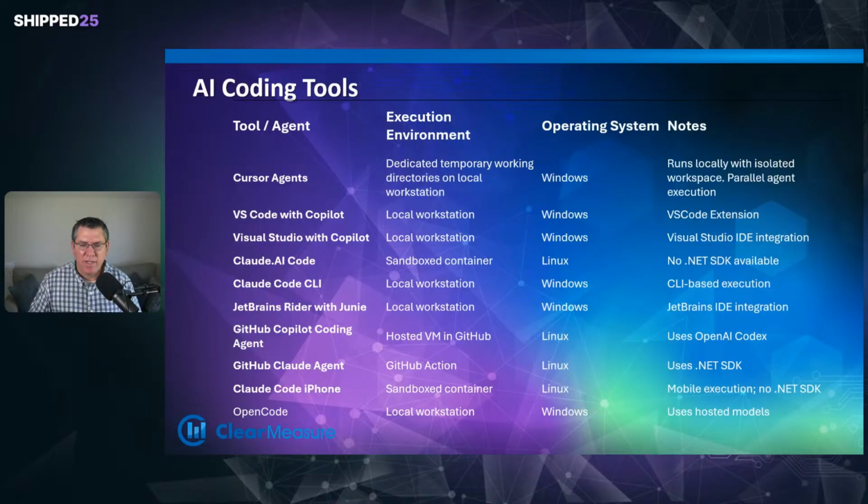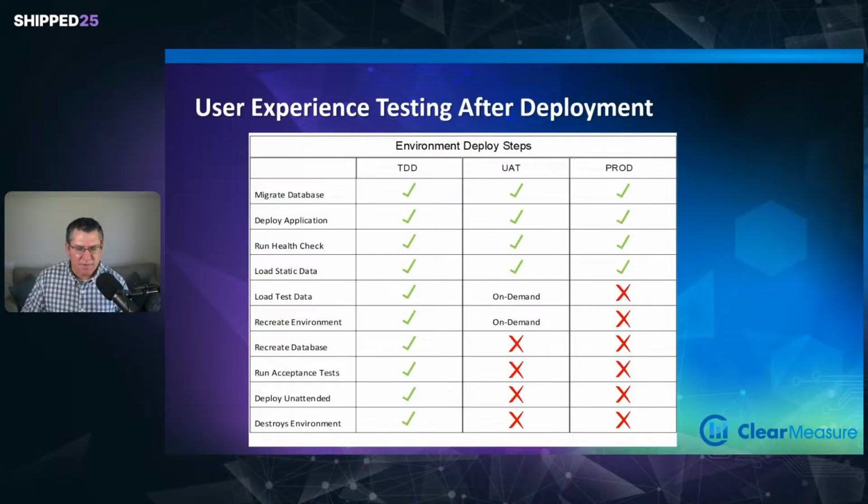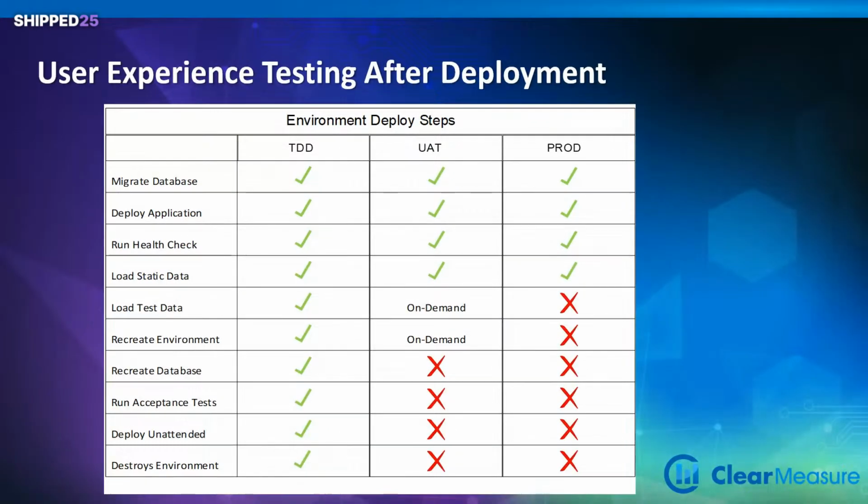But I'm going to leave you with a final exhortation when enhancing that DevOps environment with AI. Some of the tried and true principles still apply. If you have a progression of environments from test automation environment to manual testing environments to production environments, by the time you deploy to production, you want to be doing very, very little.